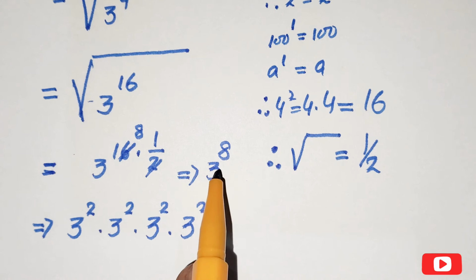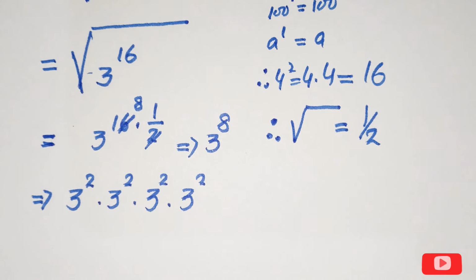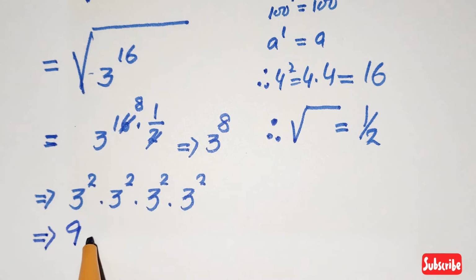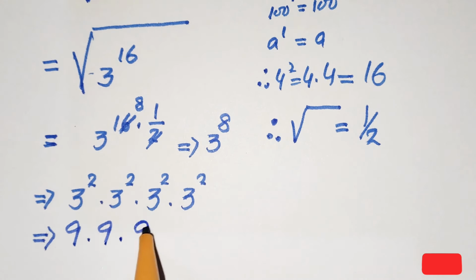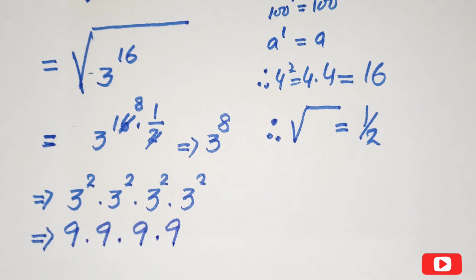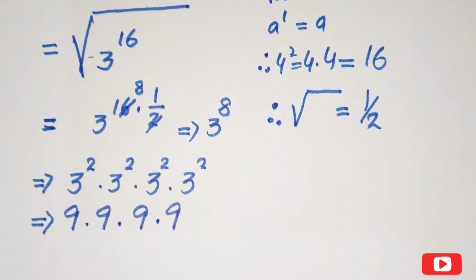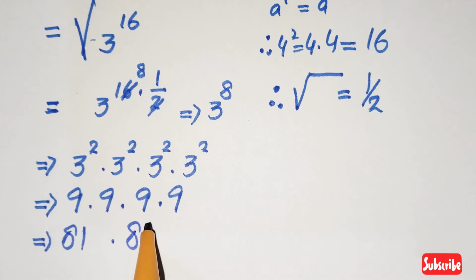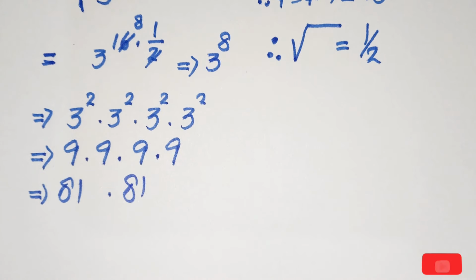So it is equal to 3 raised to the power 8. Now we can write it like this: 3 squared is equal to 9. Here it is 9, it is 9, and 3 squared is equal to 9. Multiplying 9 with 9, we get 81.